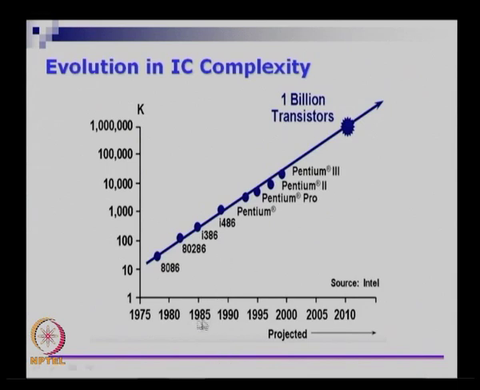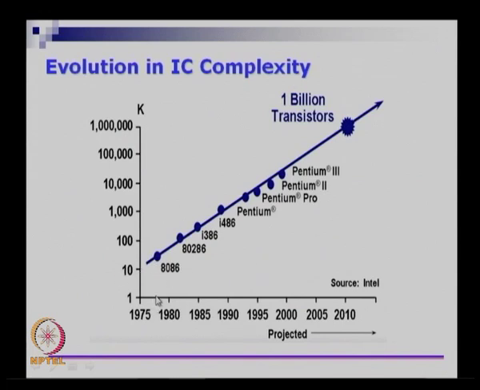In this picture, on the x axis you see years, and on the y axis you see the number of transistors, and the basic unit used is K. So this point here is 100K or 100,000, this line would mean 10,000K or 10 million, this is 100 million, this is 1 billion and so on. This is the kind of growth that the number of transistors inside a computer went through.